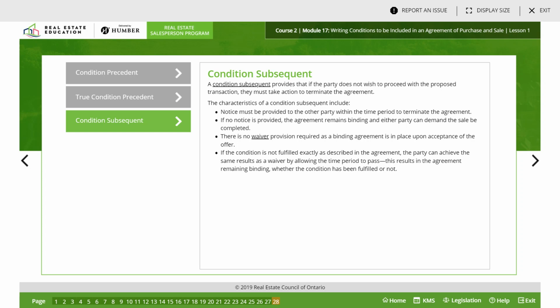There is no waiver provision required as a binding agreement is in place upon acceptance of the offer. If the condition is not fulfilled exactly as described in the agreement, the party can achieve the same result as a waiver by allowing the time period to pass. This results in the agreement remaining binding, whether the condition has been fulfilled or not.